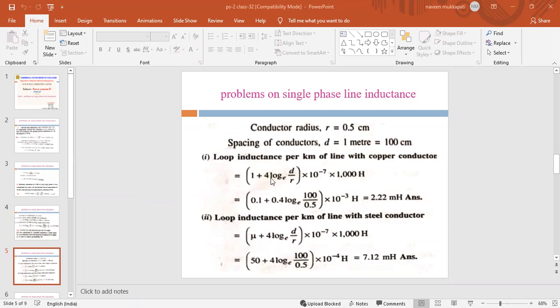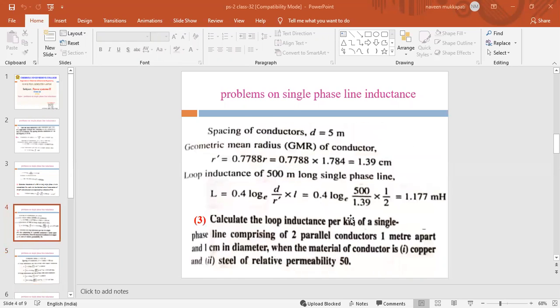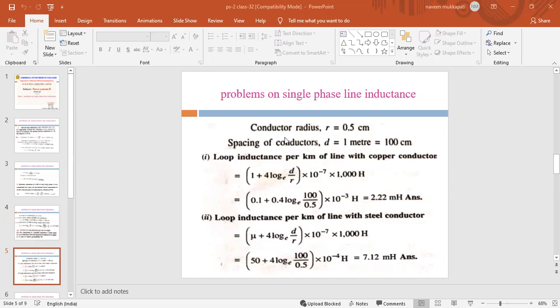That is 0.4 log e D, sorry, this is not 4, it is 0.4, per kilometer of a line with a copper conductor.